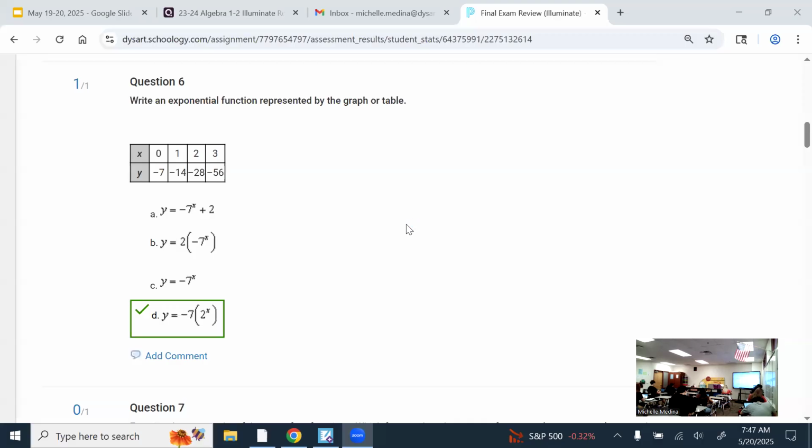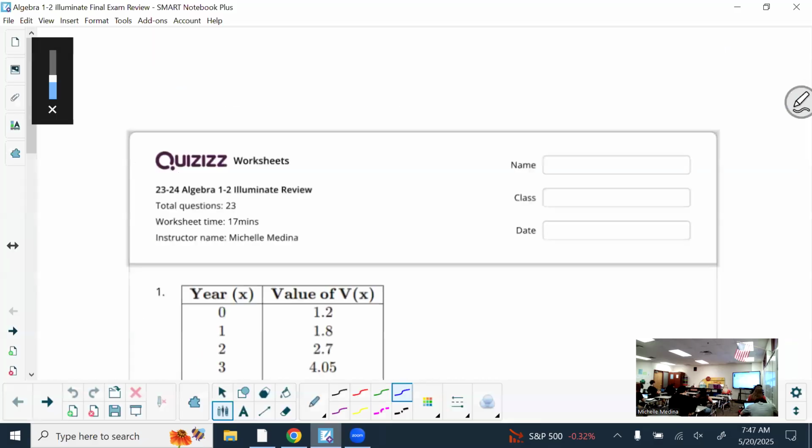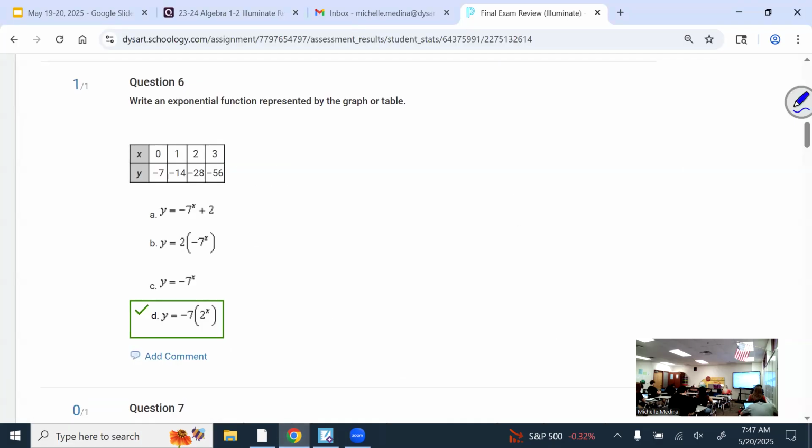What's your general setup for exponential functions? What's the general formula we use for that? ABX, okay, to the power of, say it all together correctly.